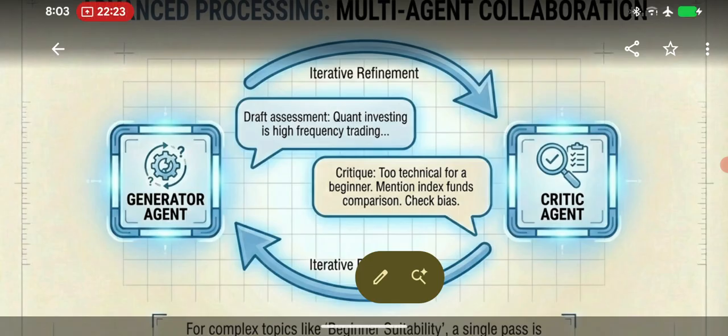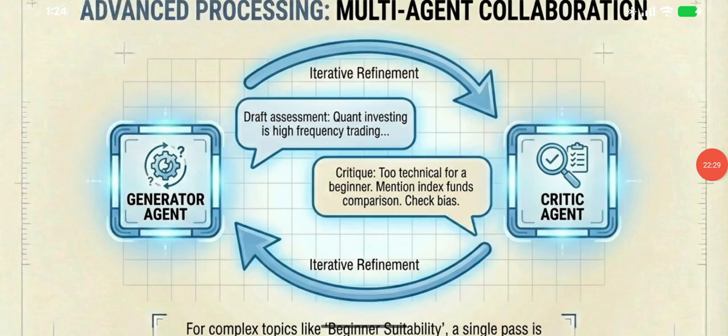So if the critic agent says it is too technical for a beginner, mention index funds, comparison, check bias, and so on, then the generator agent will act on that input and further refine the output it created.